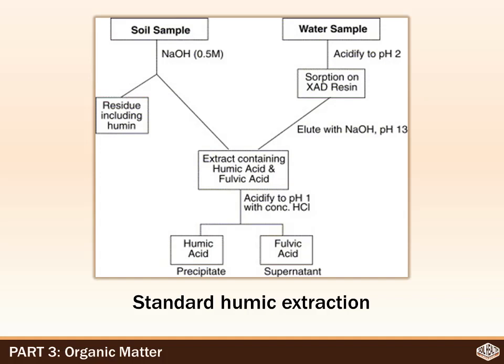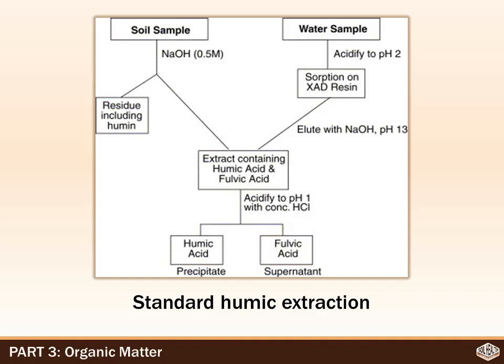The basic fractions of humus are depicted in this flow chart and are humin, humic acid, and fulvic acid. These fractions are separated through a highly extractive and really a very unnatural laboratory process which exposes a soil sample to a very strong base, sodium hydroxide in the upper left.